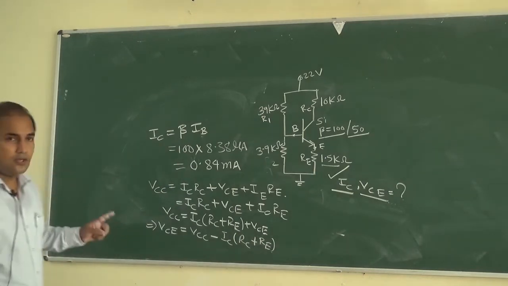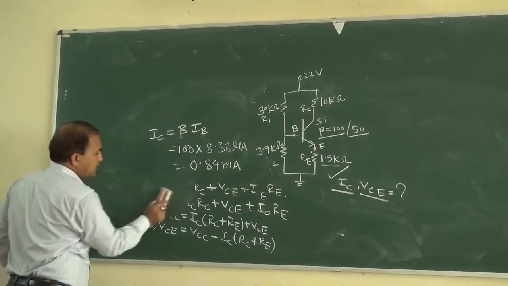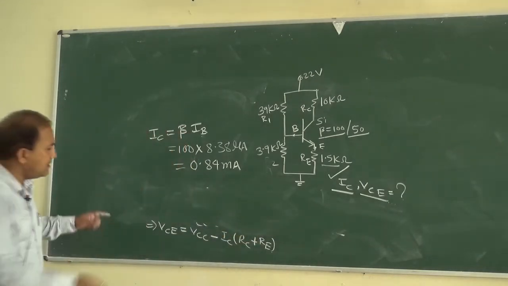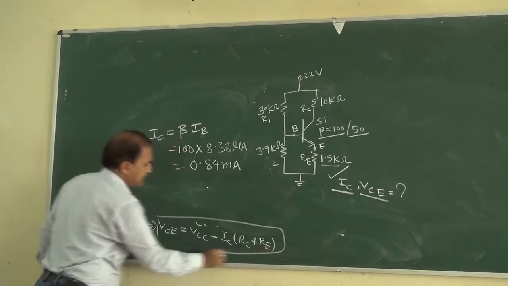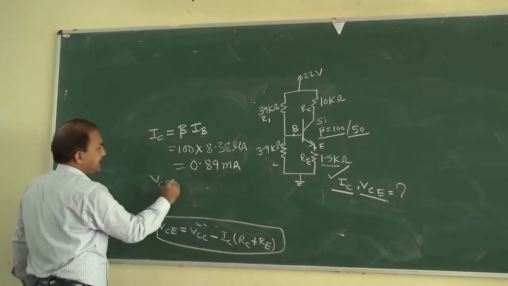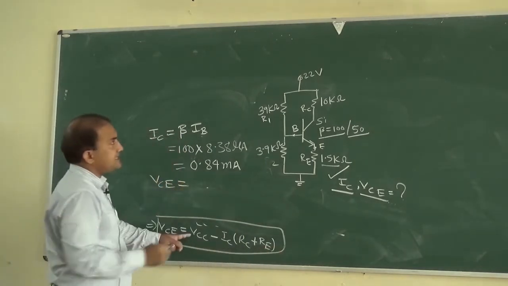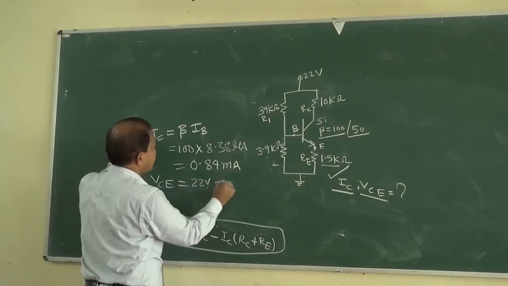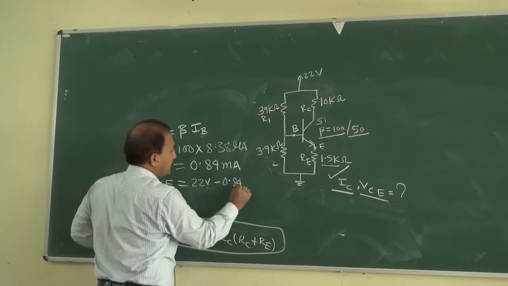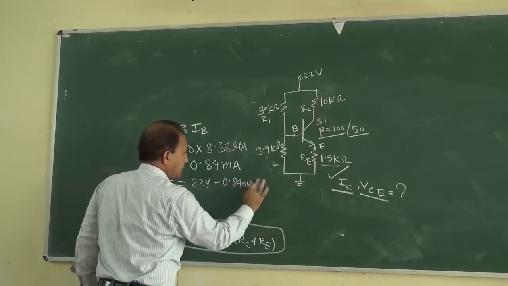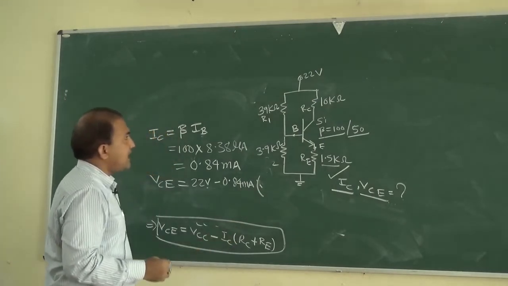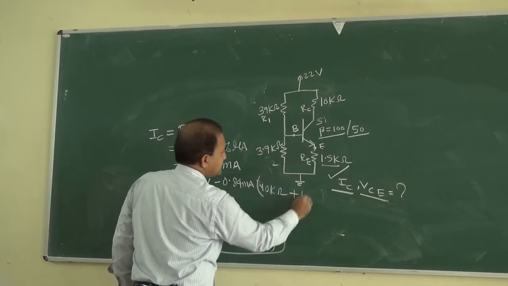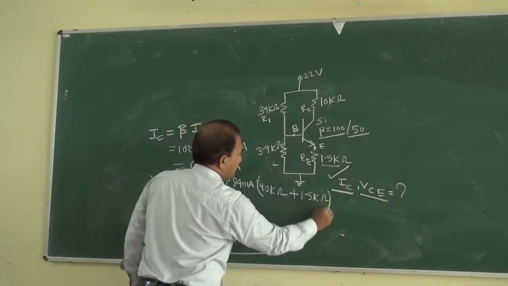Okay, so we can determine the value of VCE. How can we determine it? From this expression. VCE is equal to VCC, which is 22 volt, minus IC, what is the value of IC? 0.84 milliampere, into RC, which is 10 kilo ohm, plus RE, which is 1.5 kilo ohm.